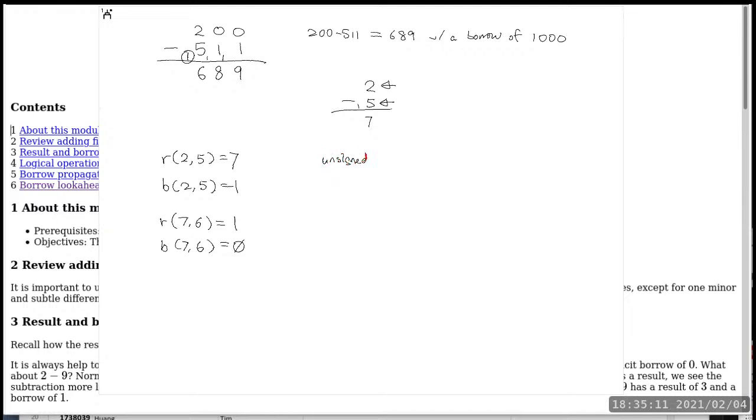So we'll say unsigned, and in R we have unsigned again. Basically x is a single digit. Unsigned y, which is also a single digit. And in here, we have to be careful because it is possible that x is less than y, right?